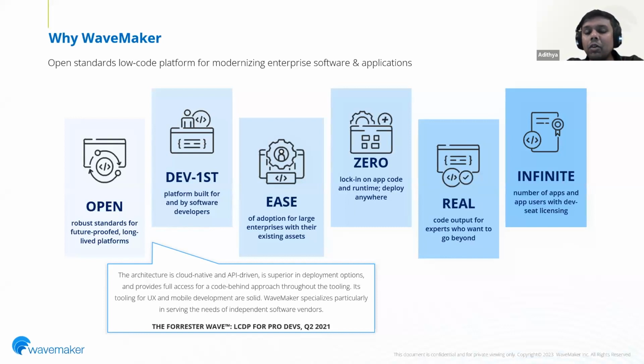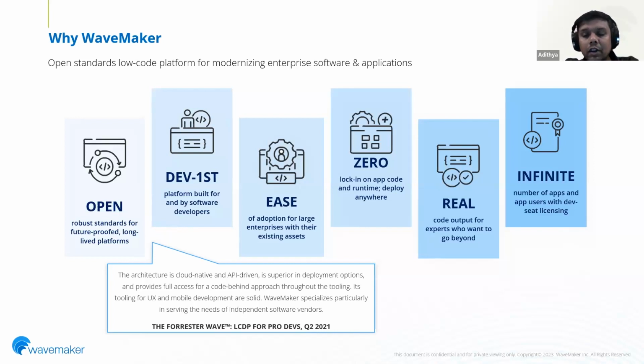As a platform, we don't have any vendor lock-in, and we are very true to this term. What this implies is that you can build an application in WaveMaker, export it out of WaveMaker, and deploy it anywhere at any given point, free of any runtime dependency back into WaveMaker.